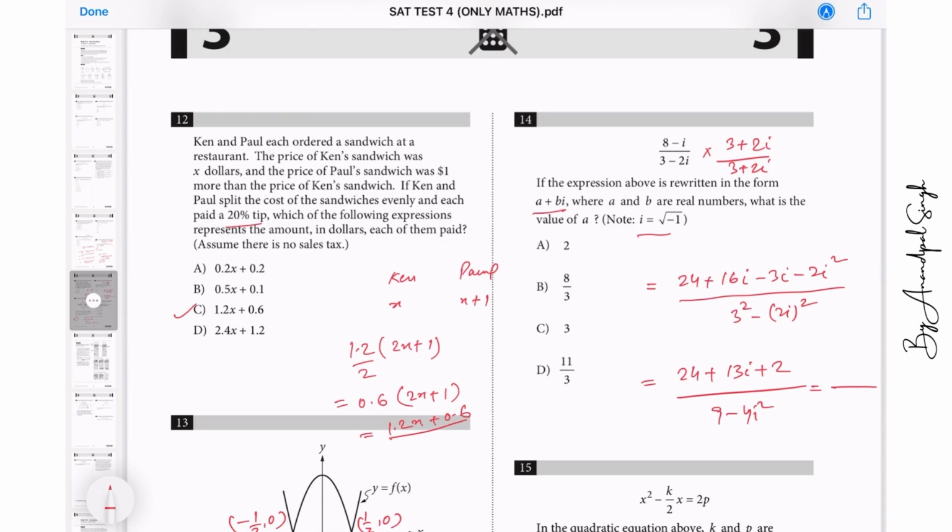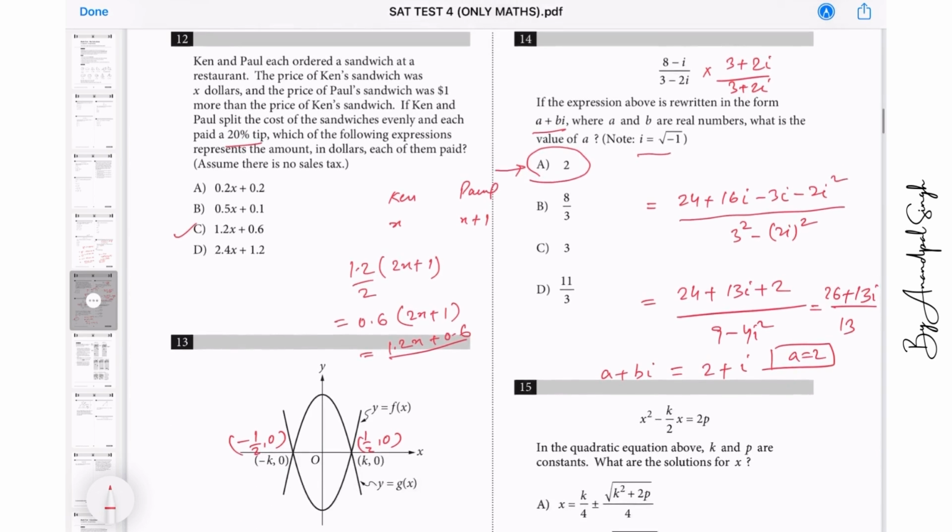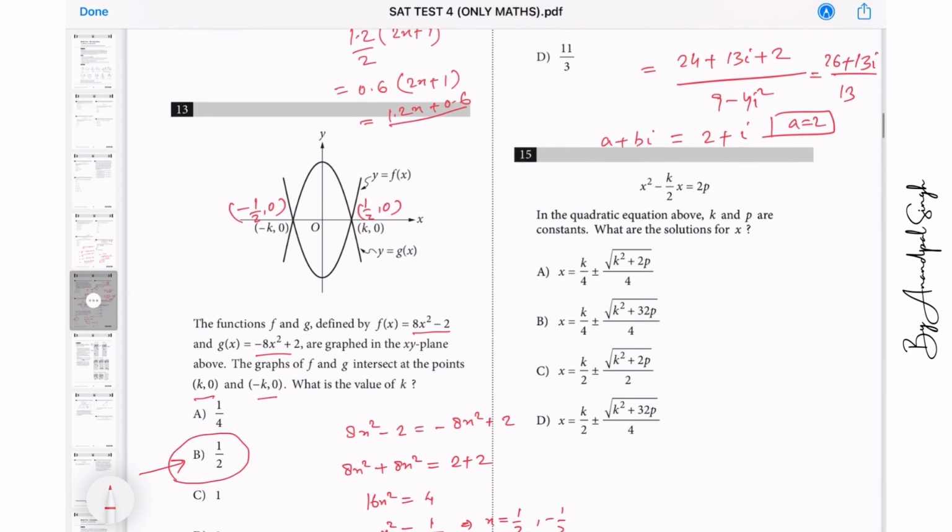So this is 9 plus 4, which is 13, and the numerator is 24 plus 2, 26 plus 13i. So 26 over 13 is 2 and 13 over 13 is i, which equals a plus bi. It means a is equal to 2 and b is equal to 1, but we are interested only in finding the value of a, so option number A is the right choice. Let us go to question number 15.